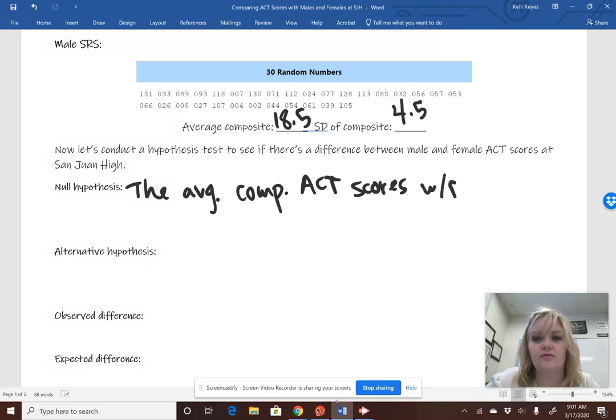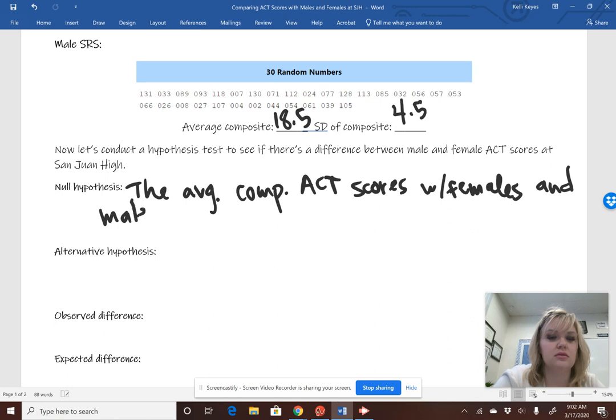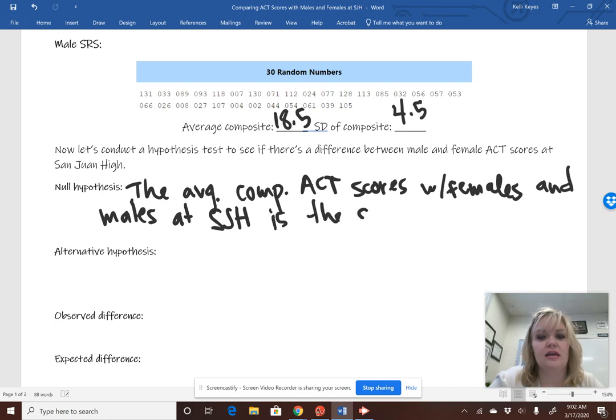Or I could have started off the sentence with there is no difference between the average composite ACT scores with females and males at SJH. So either one would work.